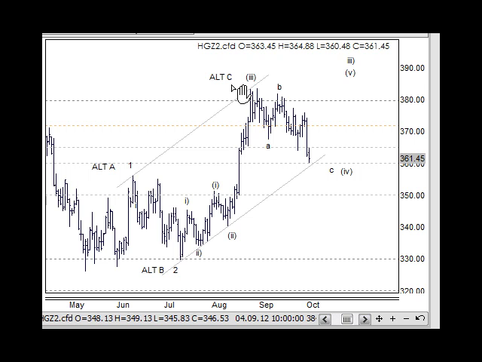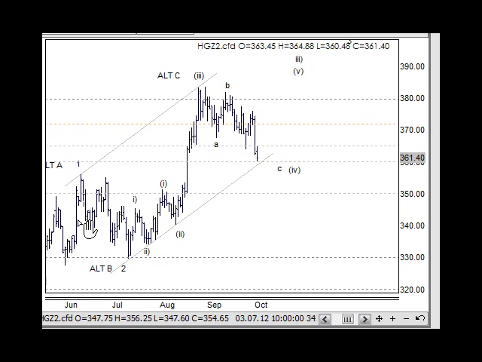If we get these overlapping wave structures, it's not there yet, but we do need to see this move up from a move below this high here. So 356 would be a dangerous point for that. In terms of the corrective pattern, it may not just come straight down through here. It can take a series of other corrective moves.